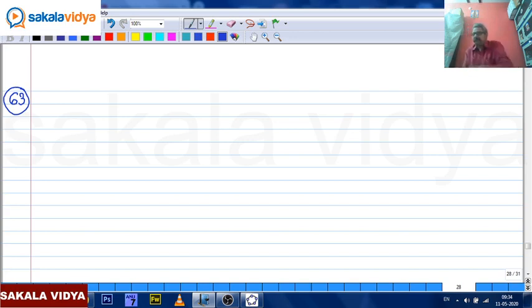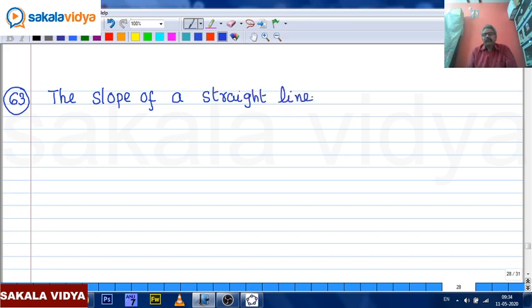The slope of a straight line passing through A minus 2 comma 3 is minus 4 by 3.